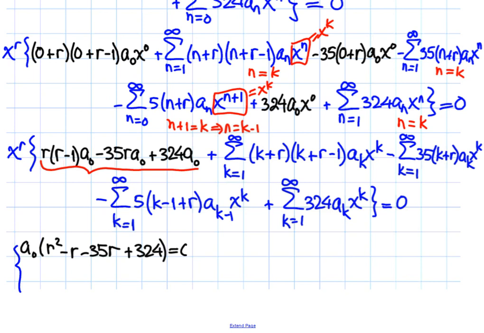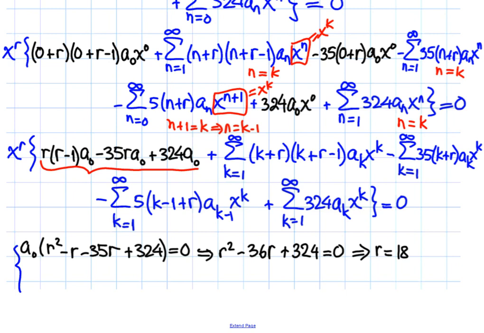That has to be equal to 0. We can divide a naught on both sides, so we will have the equation r squared minus 36r plus 324 equal to 0. And we have the double root of r equal to 18. So r equal to 18.